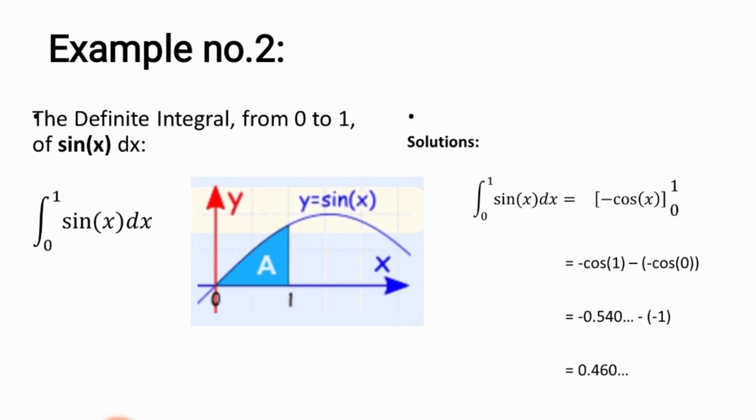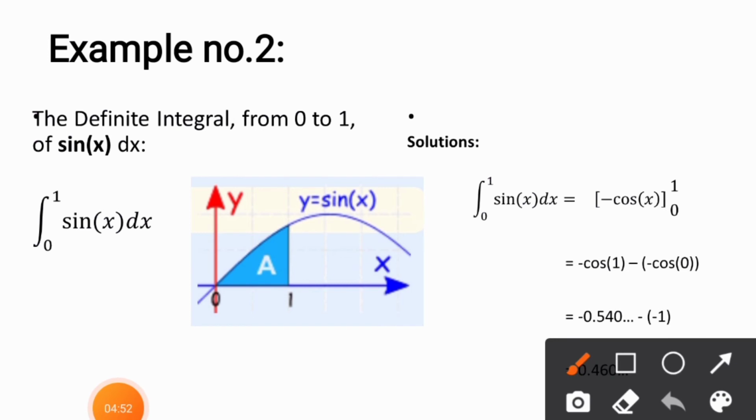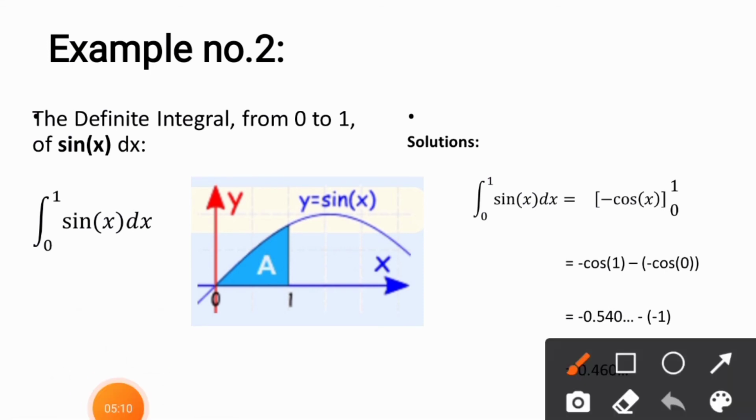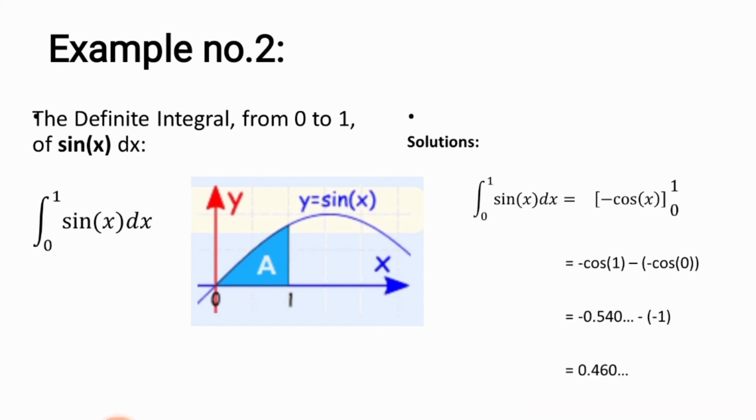For the solution here, the integral from 0 to 1 of sine x dx is equal to negative cos x from 0 to 1. With this example, we come up with the answer 0.460.